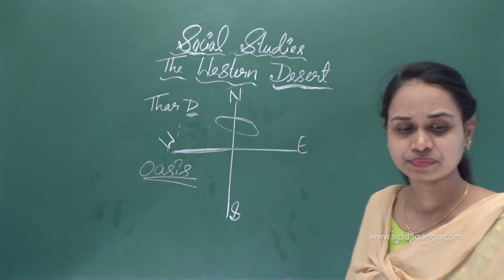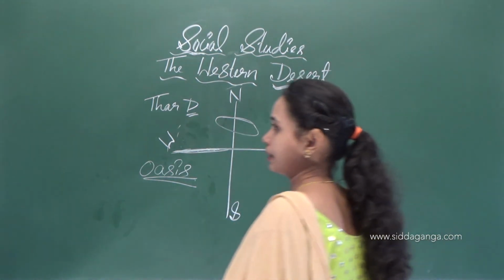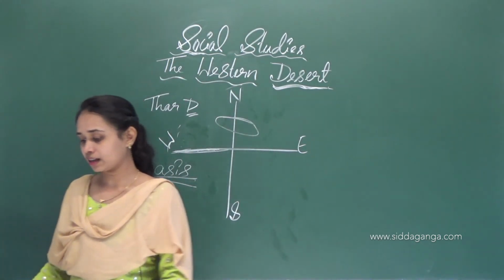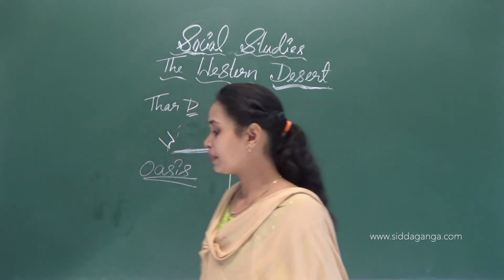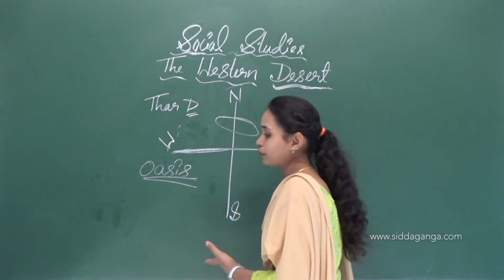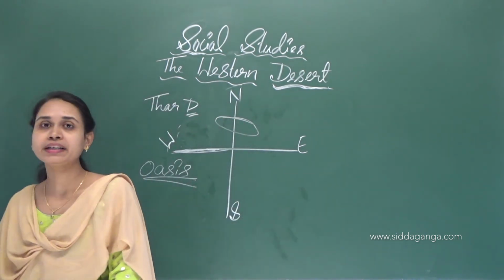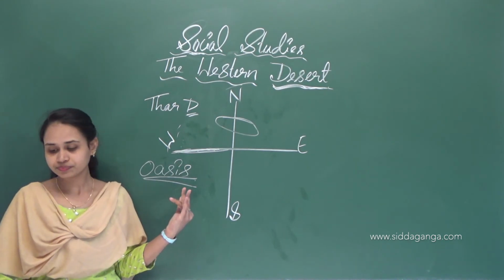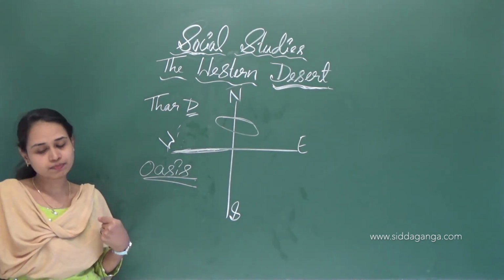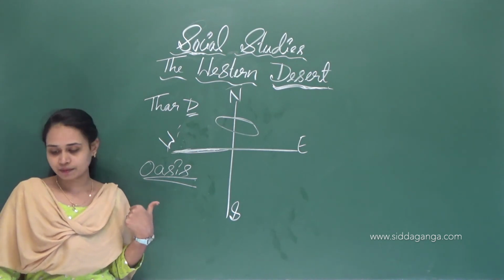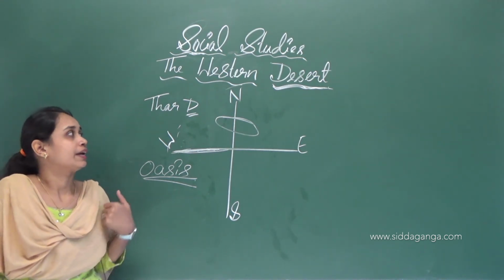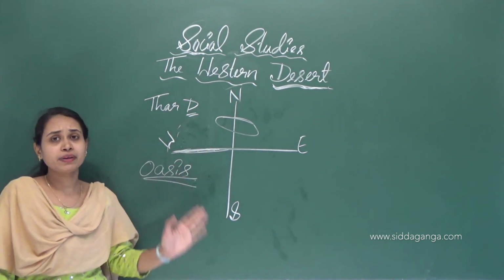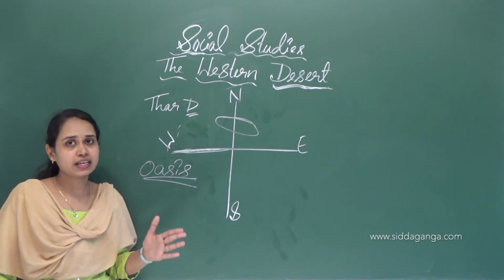We can see other important places here like Udaipur, Jaisalmer, Ajmer, Jodhpur and Bikaner. Many important cities we can see in Rajasthan, okay. The region has a number of forts and palaces built by the Rajput kings.